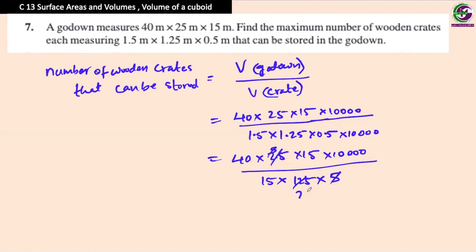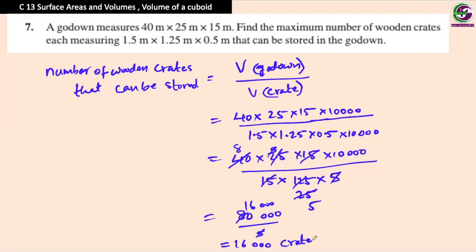This is 25, 8, 15 and 15 get cancelled. So 80,000 divided by 5, which will be 16,000 crates can be stored.